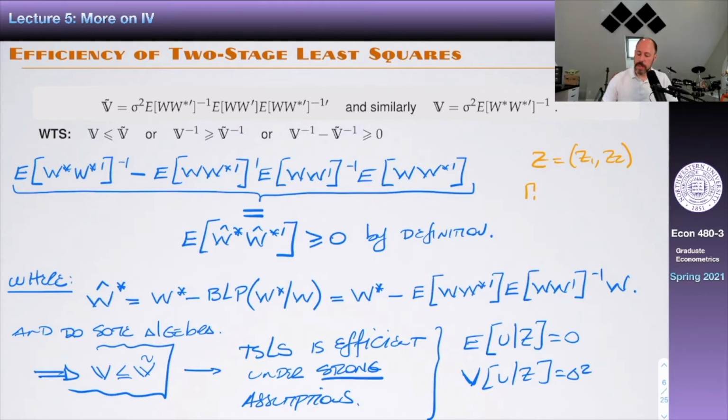If you define the first linear combination gamma 1 of Z as the one that picks the first instrument, and the second one as the one that picks the second instrument, then this result is saying that under these assumptions, you are better off in terms of asymptotic efficiency by using both instruments as opposed to using each of the instruments separately in separate IV regressions. Okay.